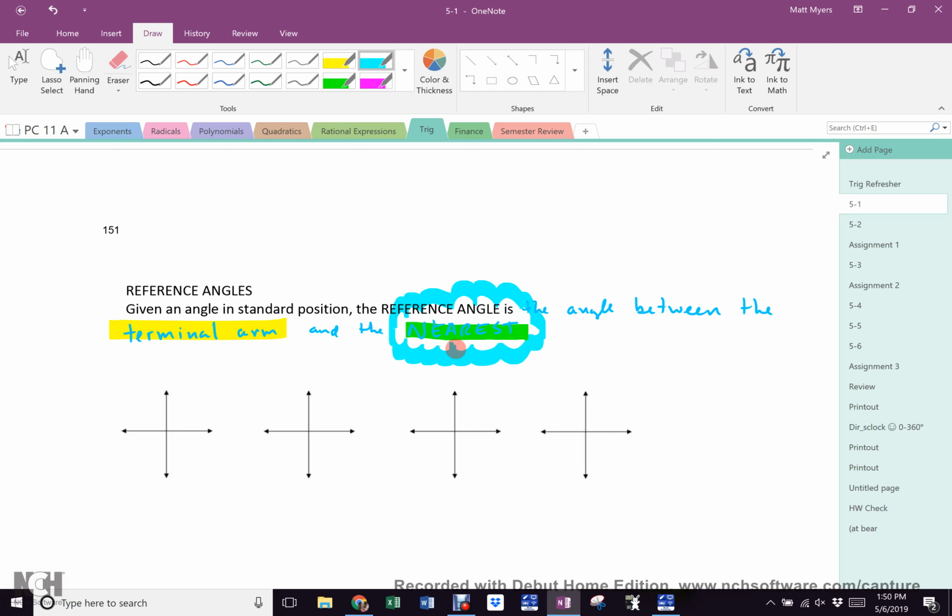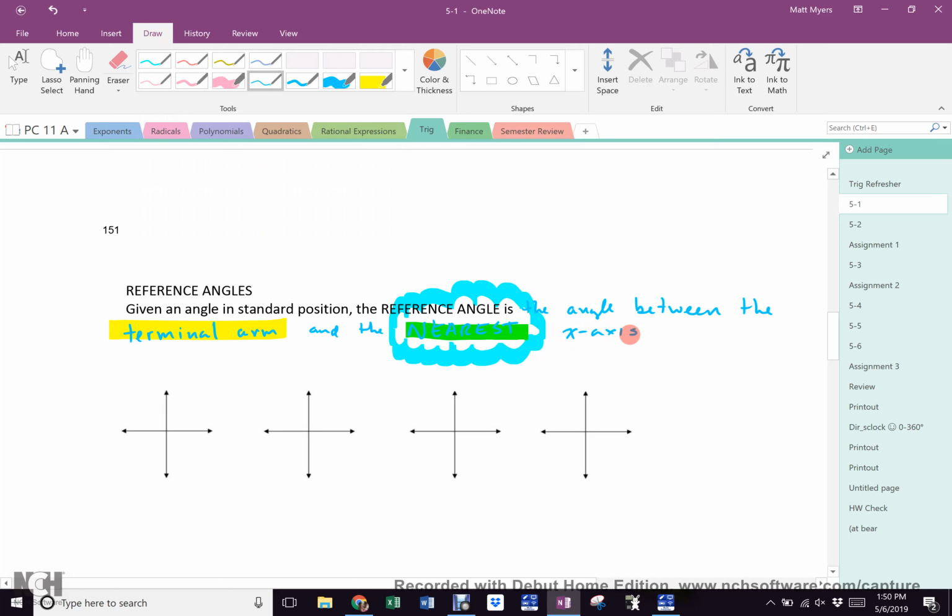It is almost omnipotent, which is, of course, all-powerful. And it should be omnipresent, which means everywhere in this sentence, is how important that word is. The nearest x-axis. Now, what do I mean by that?